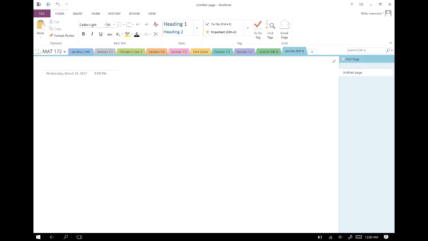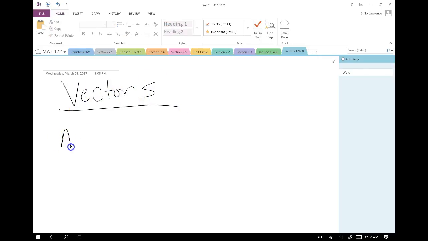There's two formats that we are typically given a vector in and that we can work with vectors in. Most of the time, application problems will refer to vectors as a magnitude and a direction.